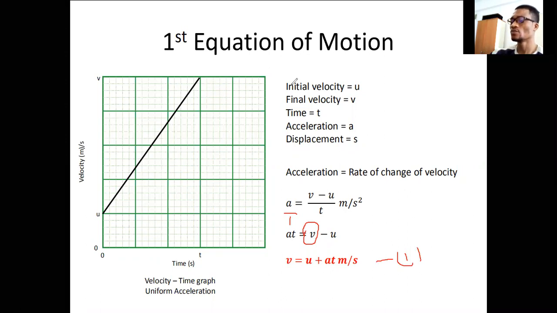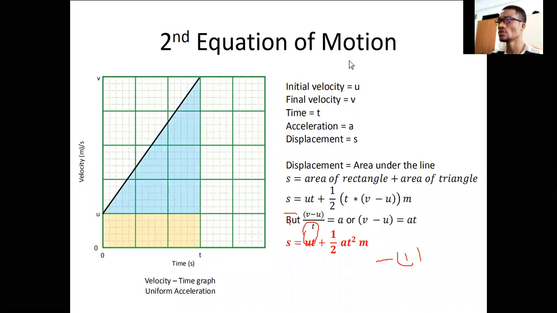And then let's move to the next equation. Second equation of motion: displacement equals area under the line. So let's look at the area under the line from this velocity time graph, which is a uniform acceleration. So the area under the line is something like this.